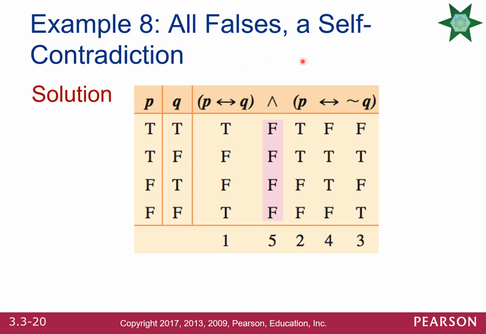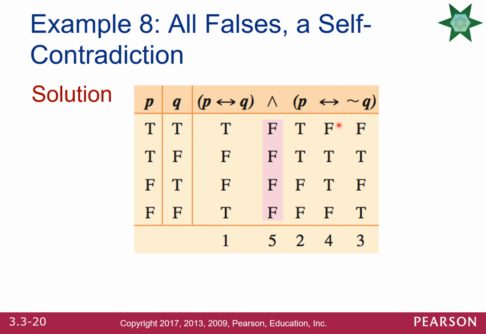For the second step, we go to the next statement and first list the values of P, which should be the same as what's listed in the first column. And then we work through not Q. So that's negation. We negate all the Q values in the second column. So the trues become false and the falses become trues. All right, so once we have that, we will now evaluate the biconditional.